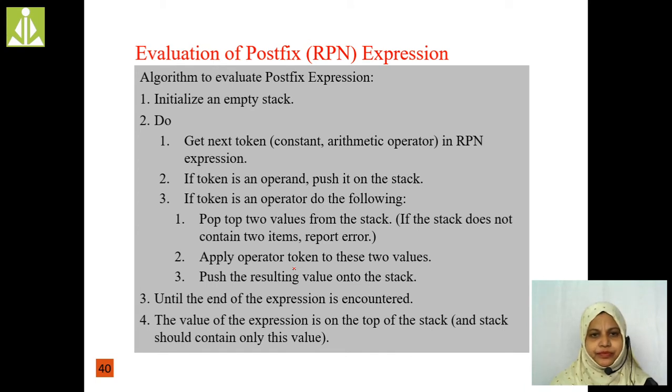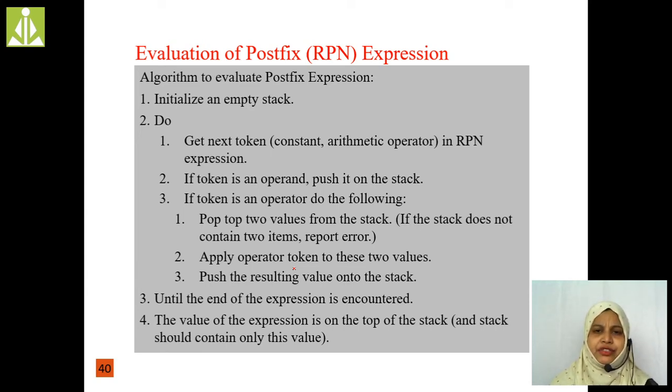Next, you have to read the expression from left to right. If any operand is encountered, just push it into this stack.